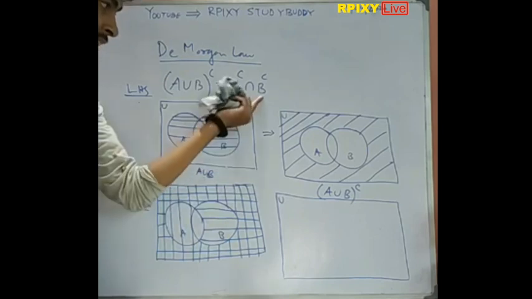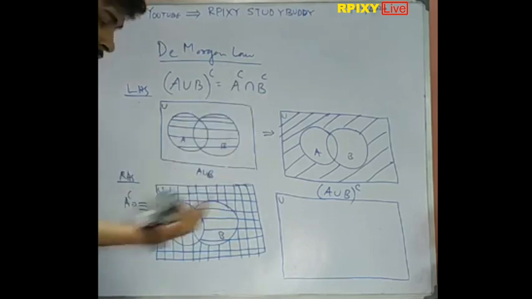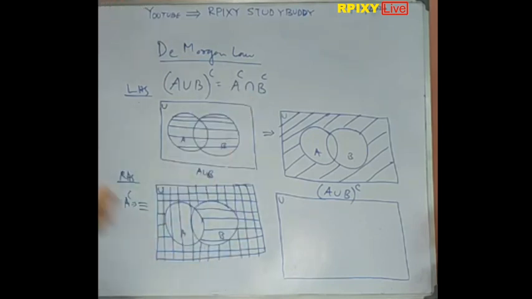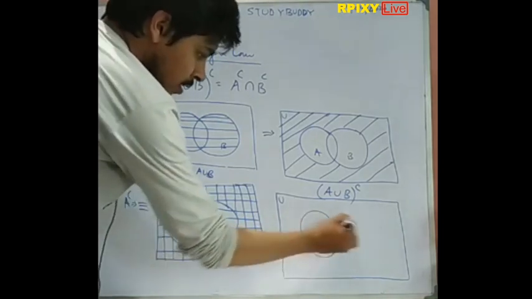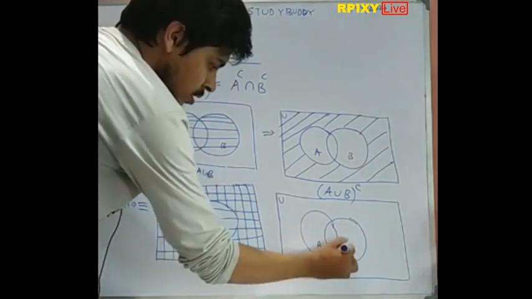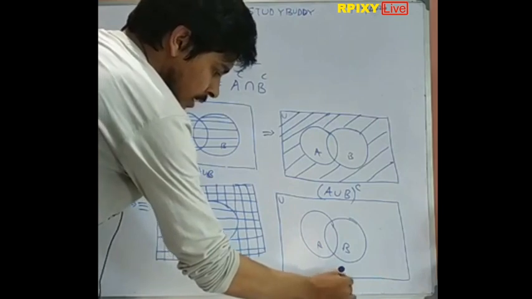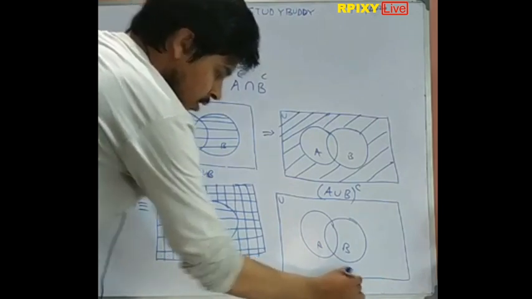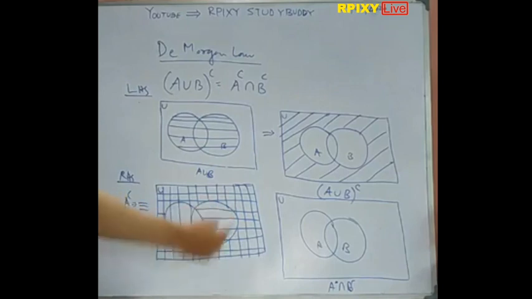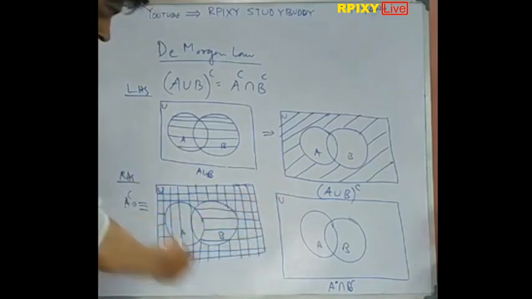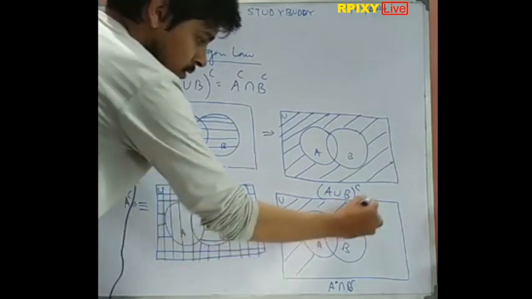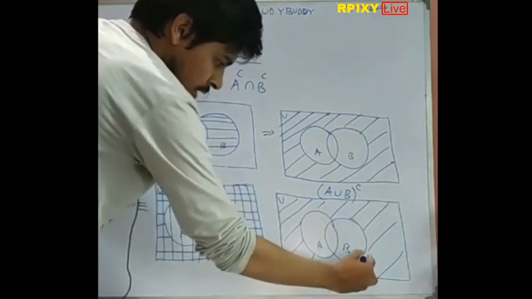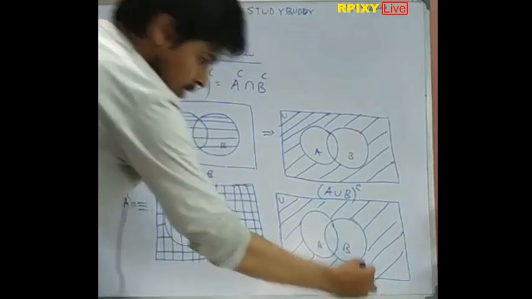So whenever you are taking an intersection, take the double lines. So the double lines region is only outside of A and B. So if this is A, this is B, then A complement intersection B complement is only the double lines, that means the outside region of A and B. See where the double lines are. This part is having the double line.